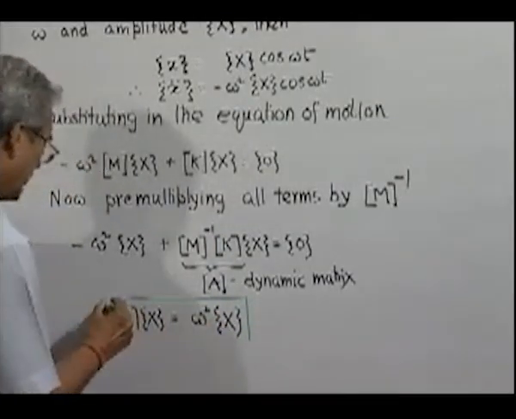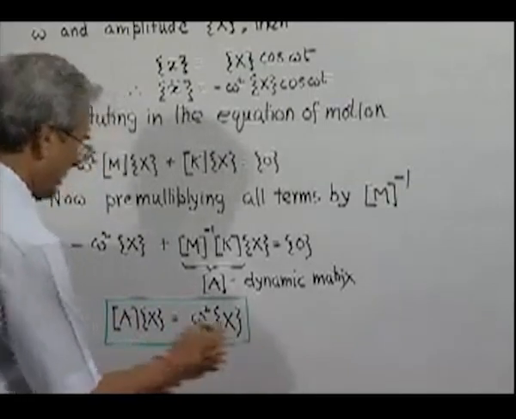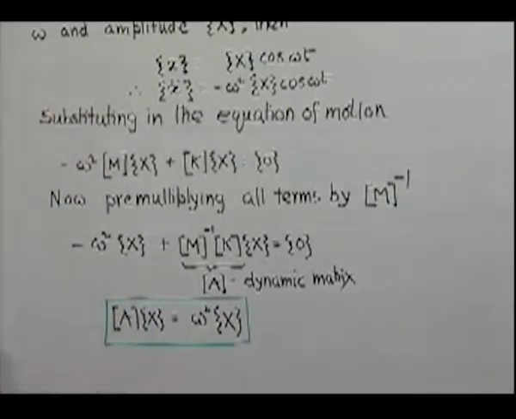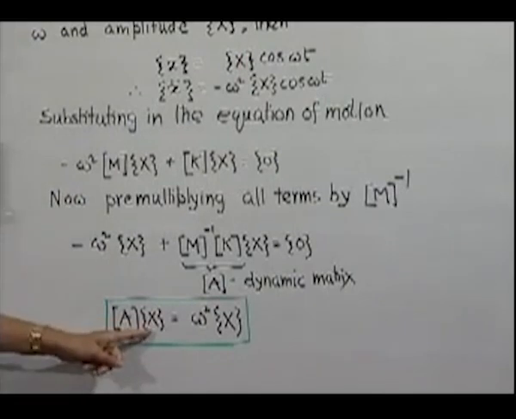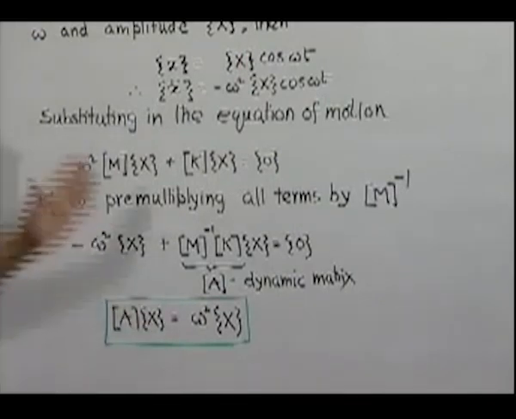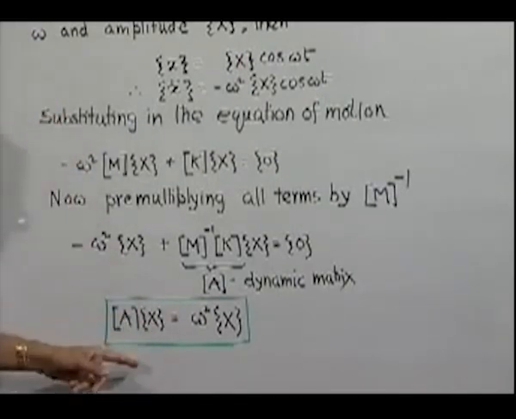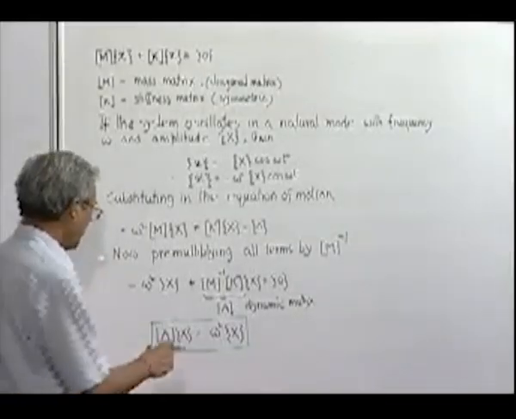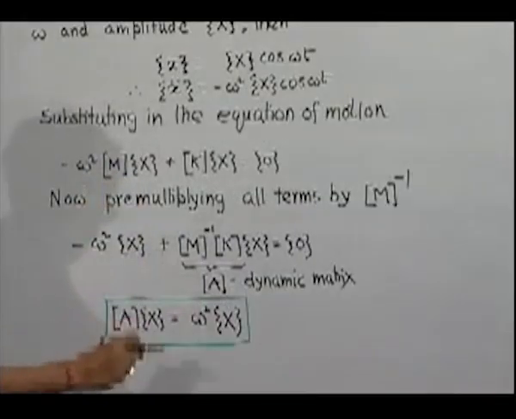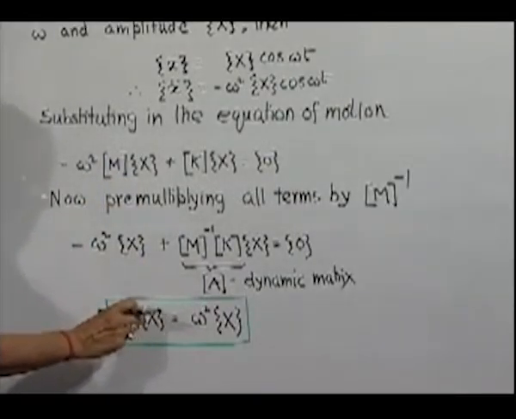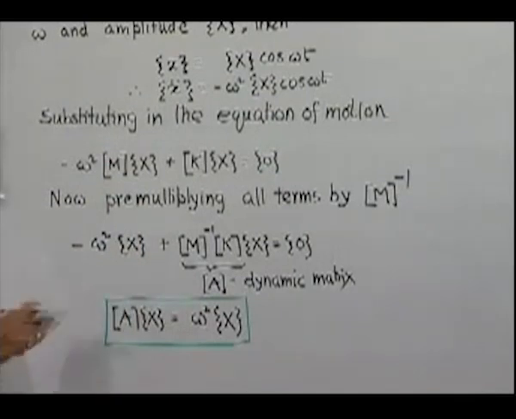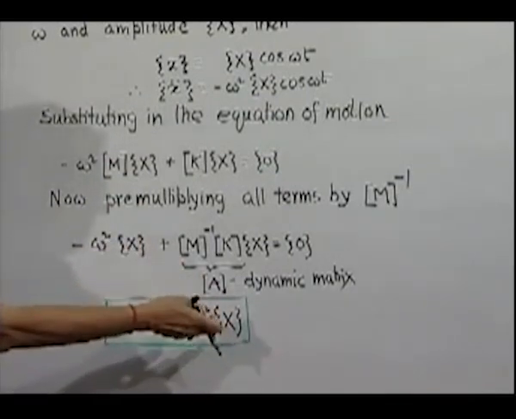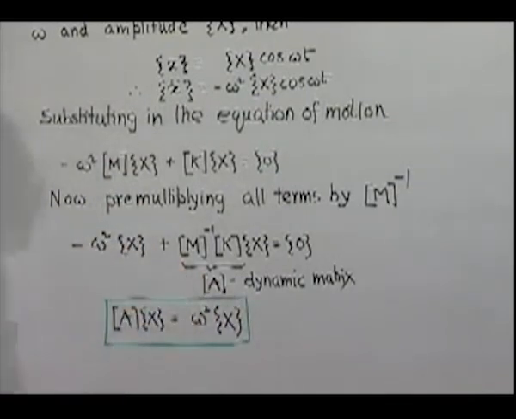Now, this matrix equation is satisfied only for specific sets of x's. What I mean to say is that when you multiply a column matrix by a square matrix, you get back the column matrix only with a constant coefficient.